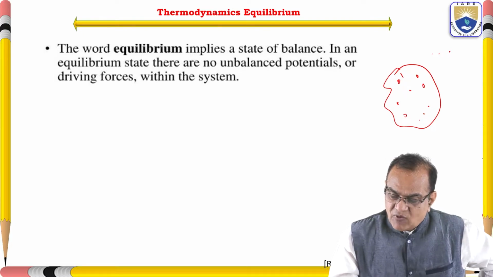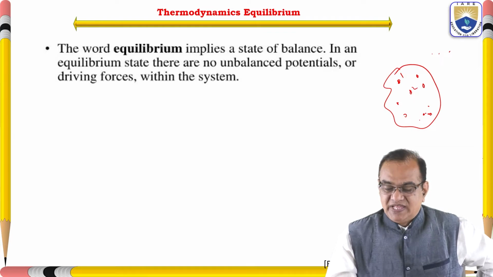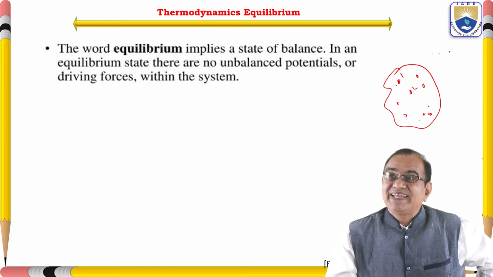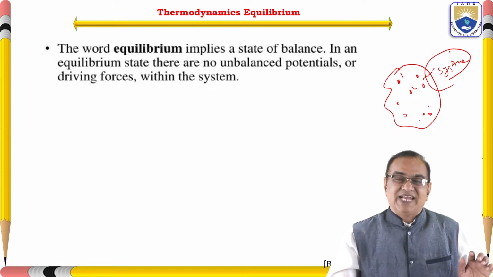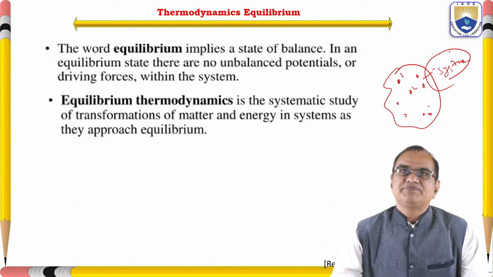The state at 1, the state at 2, the state at n, everywhere the same parameters exist. There will not be any potential difference. There will not be any gradient inside this system. So in this system, everything is balanced. Then we say that the system is in equilibrium. That is the meaning of equilibrium.